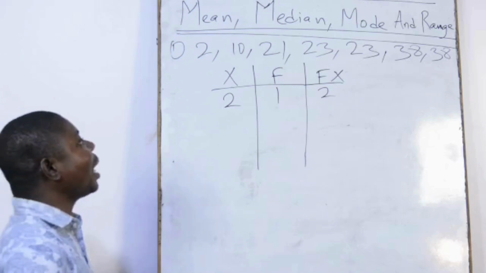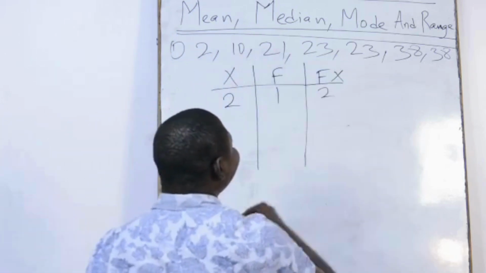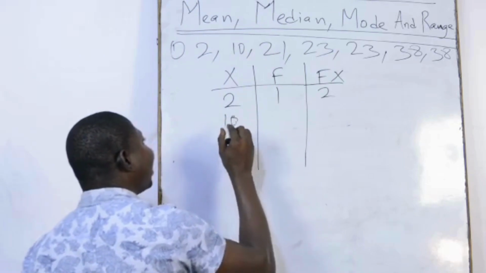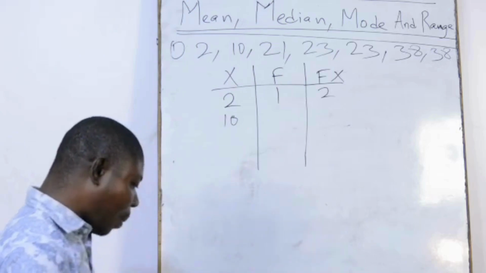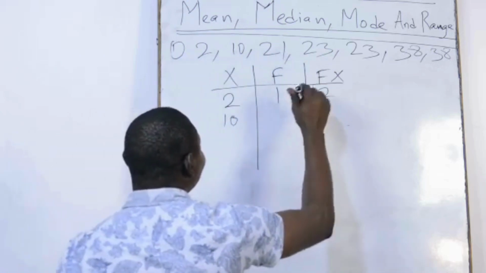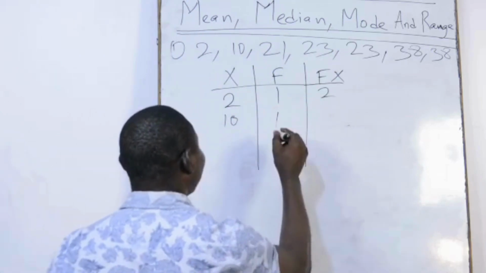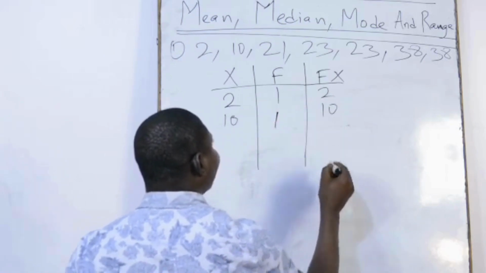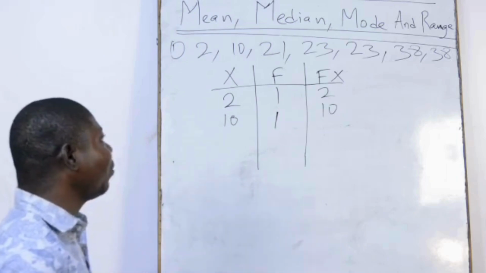Then you will pick another one, the smallest, which is 10. How many times can we see 10? Just check it. We have 1, and then 1 times 10, we have 10.